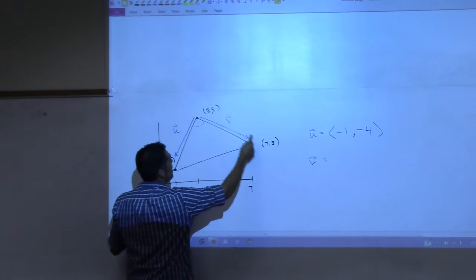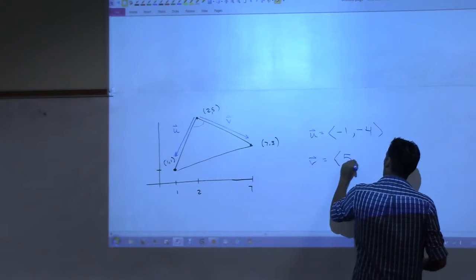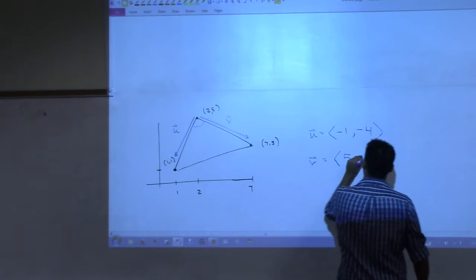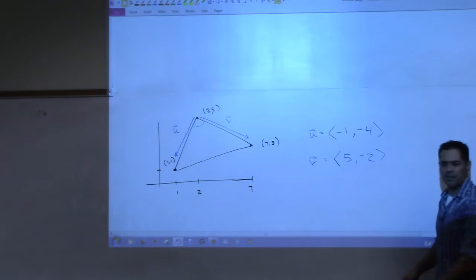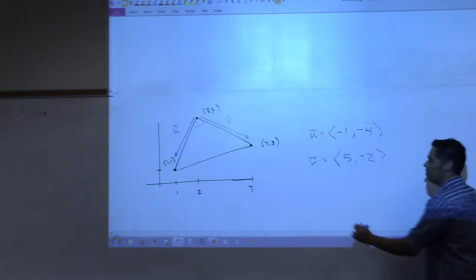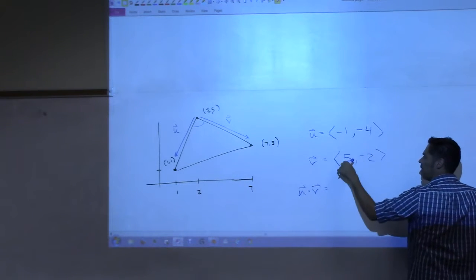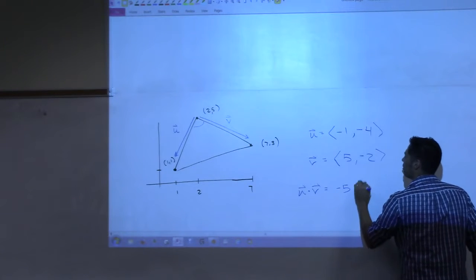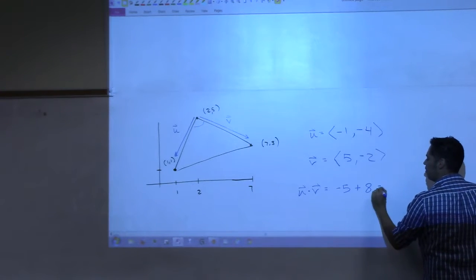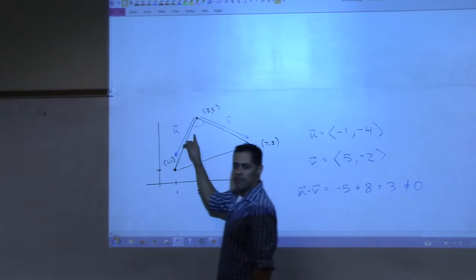You go 7 minus 2, that's 5, and then 3 minus 5, which is -2. That okay? Dot these together. What would you get if you did U dot V? You get -5 plus 8. Almost. It's 3. That's not 0. So this is not a right angle.